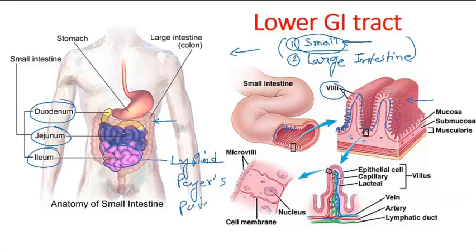Those Peyer's patches are filled with leukocytes. Leukocytes means white blood cells, which are immunogenic cells. They can help to fight against infection.